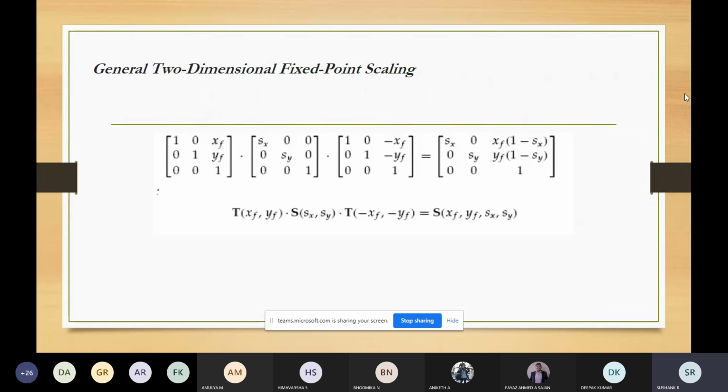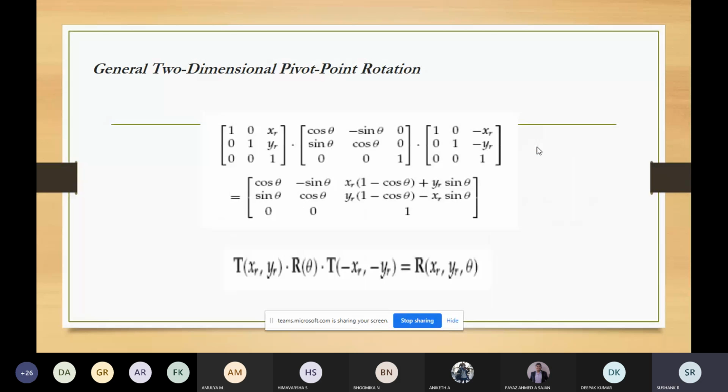This is the equation for scaling about a fixed point, and for rotation also you can check. This is a rotation about a pivot point. So you just remember this equation.